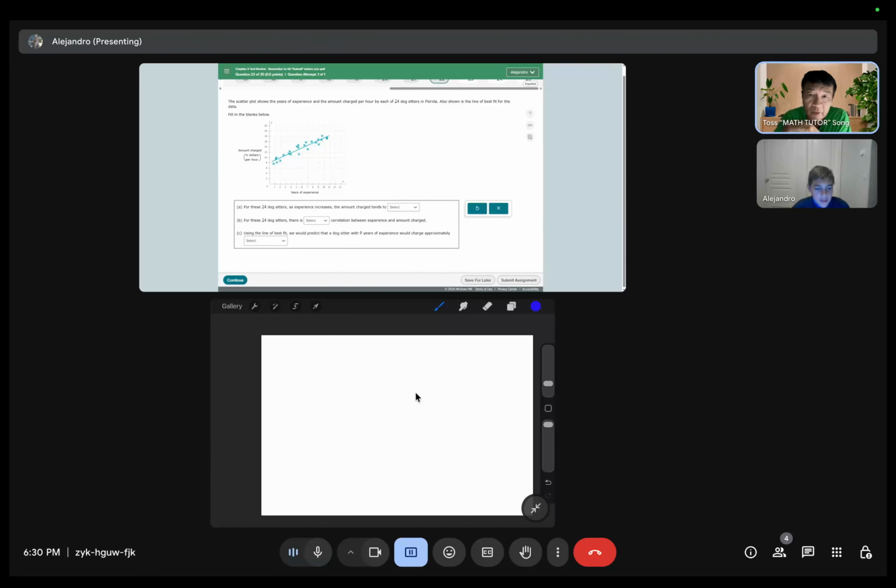You see it's going up if you go from left to right. So as experience increases, like years pass, the amount charged increases. So let's select the drop down, increase. And then this one, there is a blank correlation, so it's positive. If it's going up, it's positive correlation. So let's select the drop down.